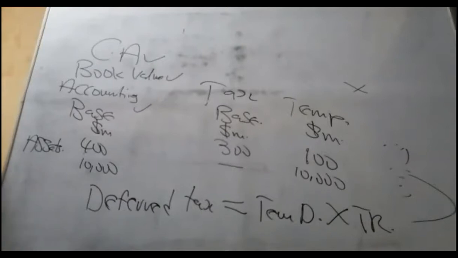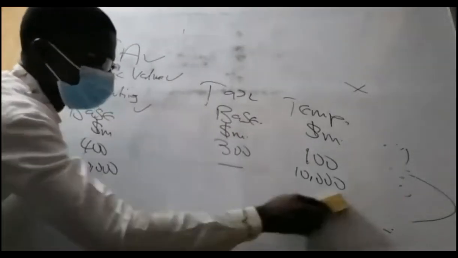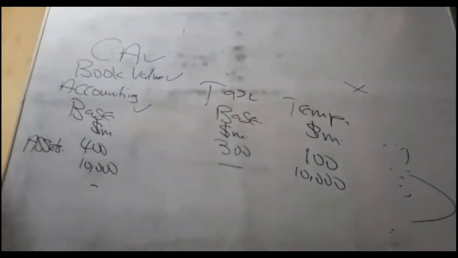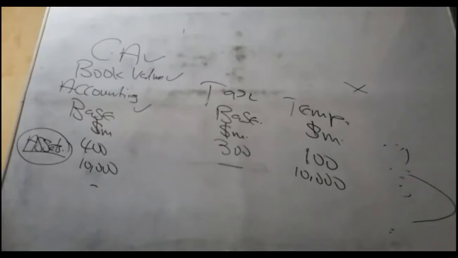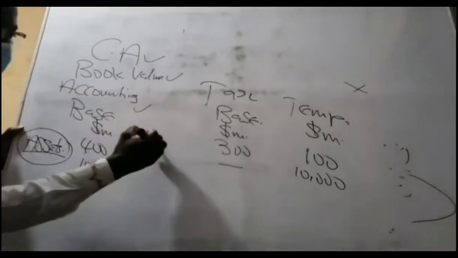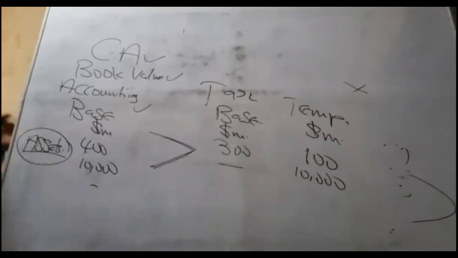Just that for the temporal difference, there are two types. So let's see. Now, if the item in question is an asset, an item that has a different accounting value and different tax value, and that's the most situation in exam cases, if the carrying amount or the book value or the accounting base is greater than the tax base, then it will create what we call taxable temporal difference.